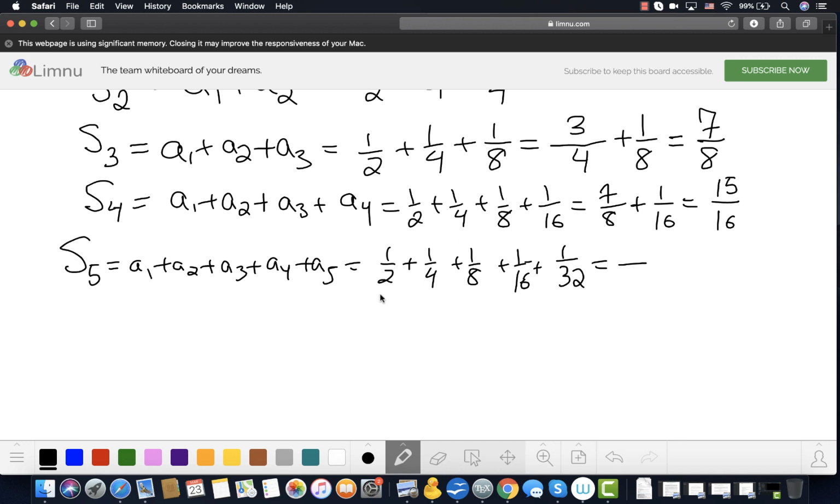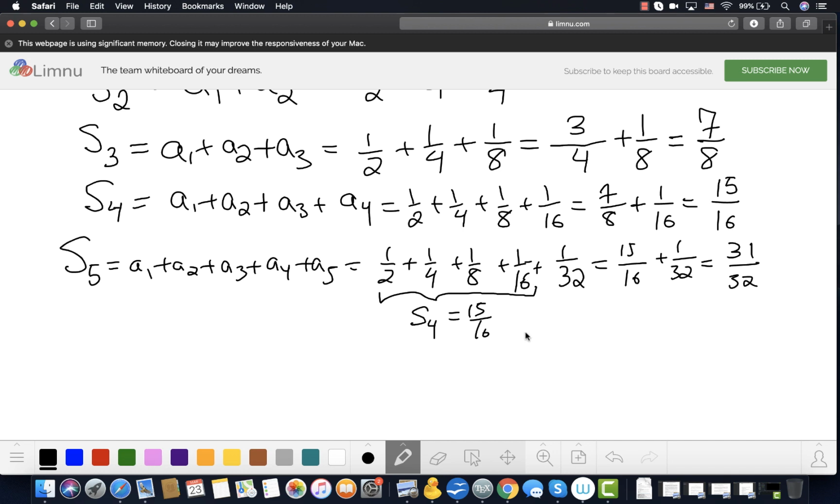This is by definition S4, which is 15/16. So you get 15/16 plus 1/32. The common denominator is 32. If you multiply the top by 2, you get 30 at the top. So this is 30/32 plus 1/32, and that's 31/32.